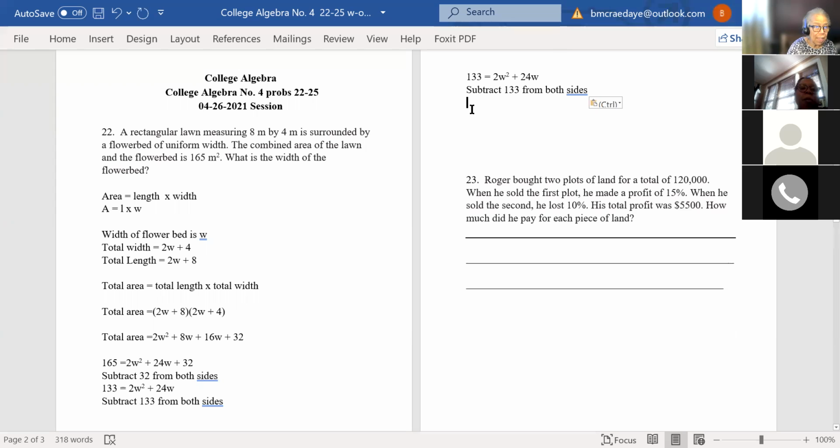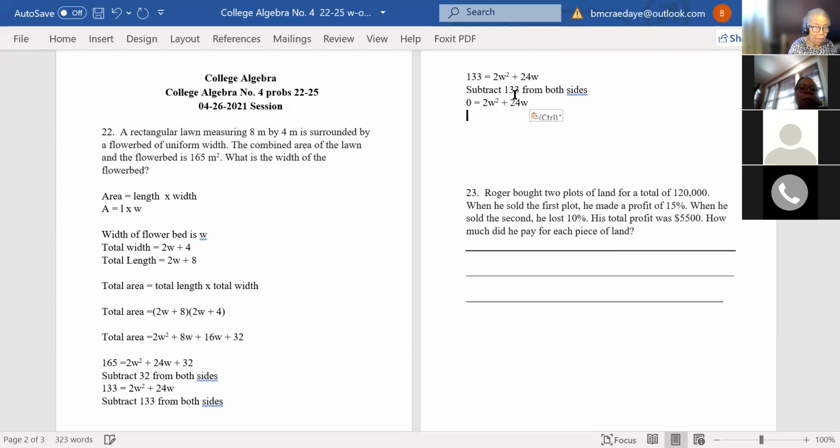So on the left, you'll get 0, right? Yeah. On the right, you'll have, this would be equal to, let's take the 2W squared plus 24, copy it. And that would be minus 133. Okay. So we have 2W squared.